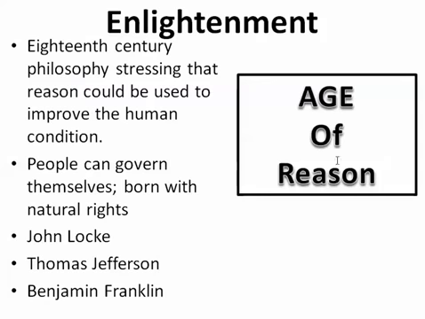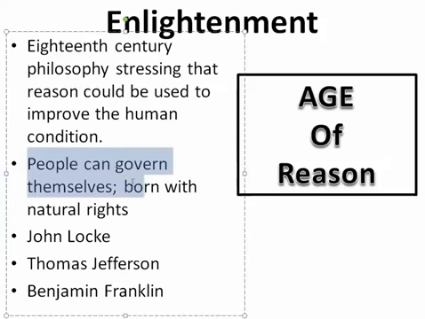In the age of reason, it's going to introduce new ideas. There's going to be a change in thinking, a change in how government and the people relate. Why do we have government? And so we're going to change to the idea that people can govern themselves, that they're born with natural rights.